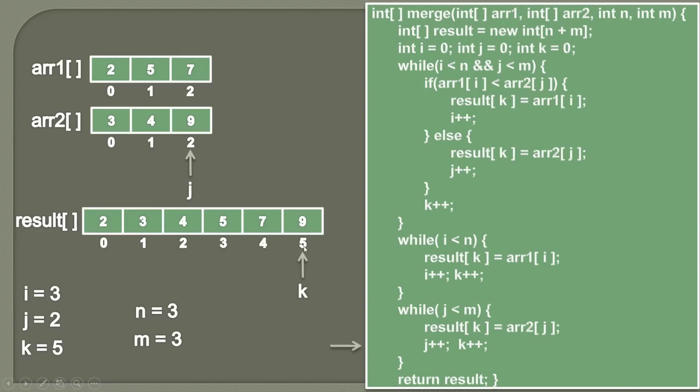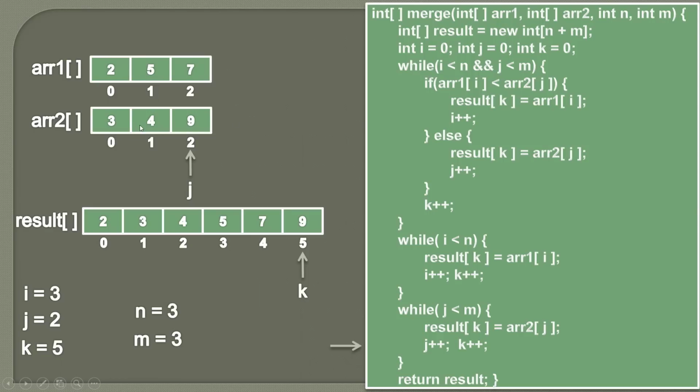So we'll simply store value 9 into the result array by this assignment. For this small example there was only one element, so we simply updated one element here. But let's say there are many elements. As these arrays are sorted, we can simply copy those leftover elements directly into the result array because there are no elements left for array 2 to get compared with array 1, since array 1 is already exhausted.